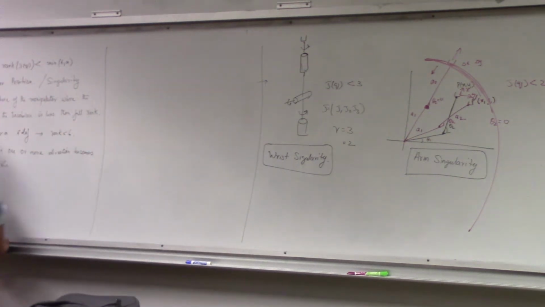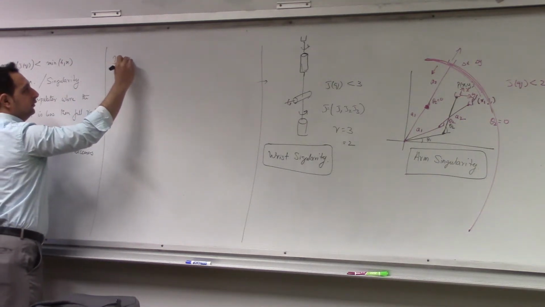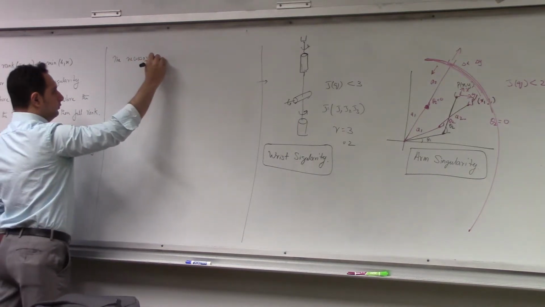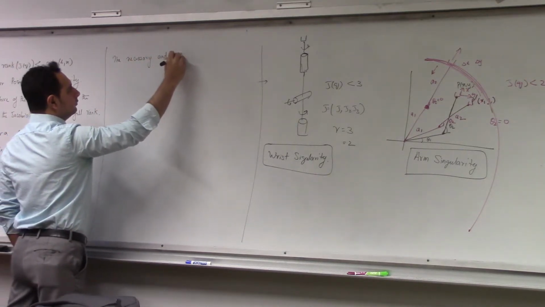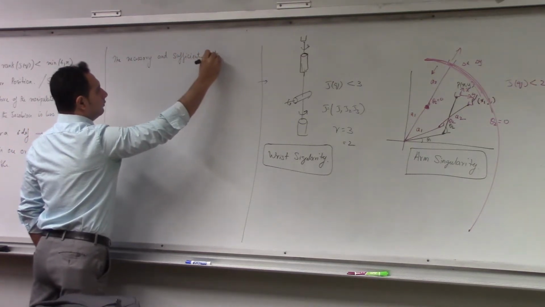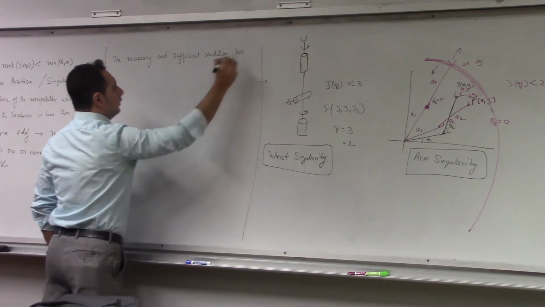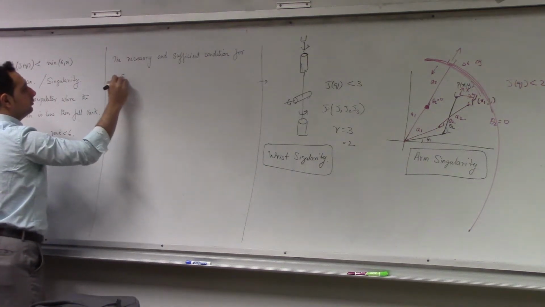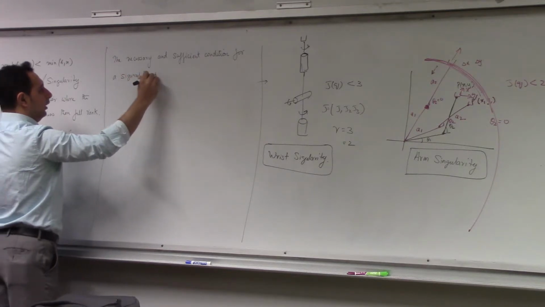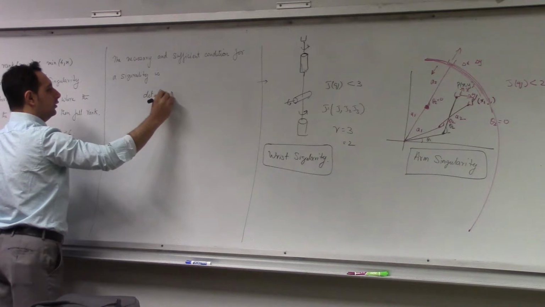So, how do we detect a singularity? The necessary and sufficient condition for a singularity is that the determinant of the Jacobian should be equal to 0.